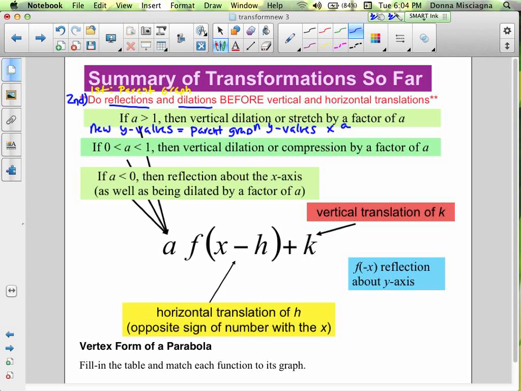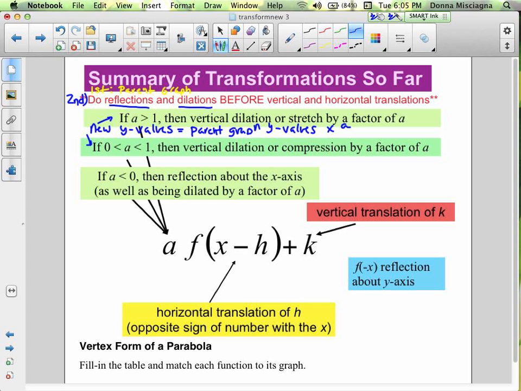And that's going to be true whether we have a stretch or a compression. Right? So either way, we're going to be taking the y values of the parent graph and multiplying that times A. If A is greater than 1, then we have a vertical dilation or stretch.